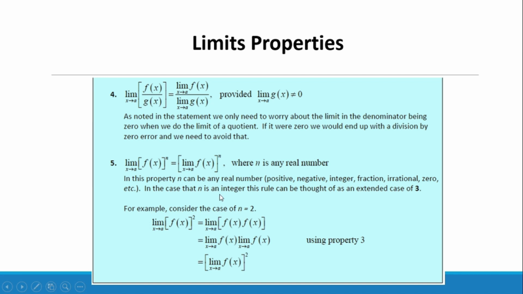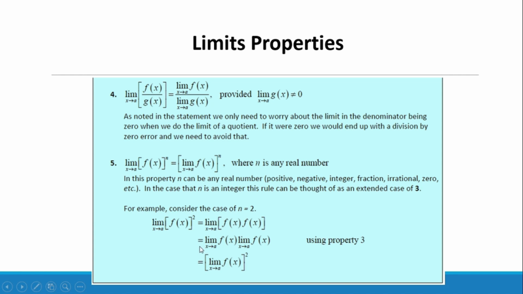In the case that n is an integer, this rule can be thought of as an extended case of property 3. For example, consider n equal to 2. The limit as x approaches a of f(x) squared is equal to the limit of f(x) multiplied by f(x).